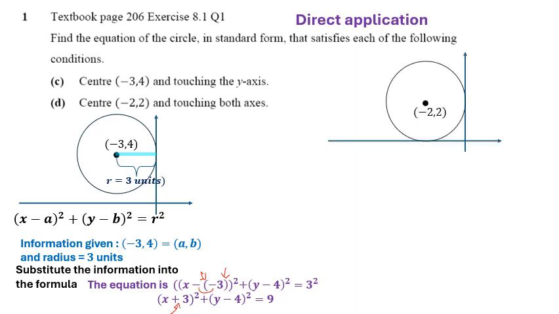How about part D? Part D says that the circle touches both axes. So what it means is that your x and y axes are both tangents to the circle. Right, so it means that the distance of the center from the x-axis is equal to the distance of the center from the y-axis, which is equal to 2 units. And it also means that the radius is equal to 2 units.